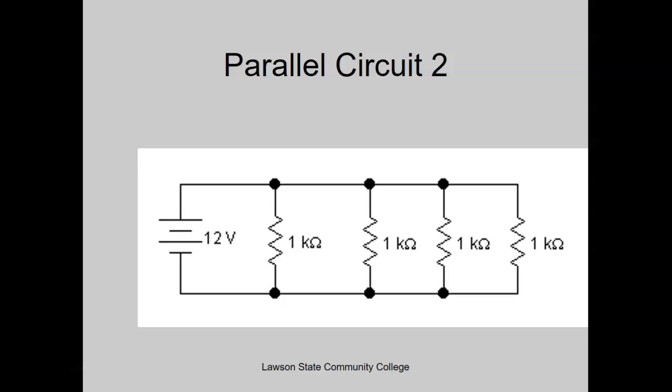My total current is now, instead of working with these two resistors as well, IT equals 24 milliamps. RT is going to equal 500 ohms.